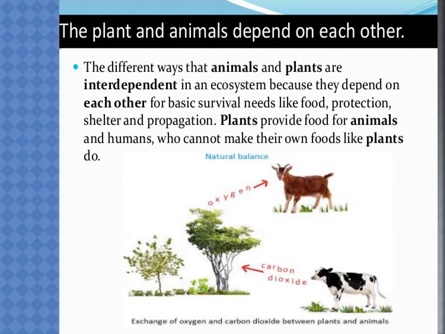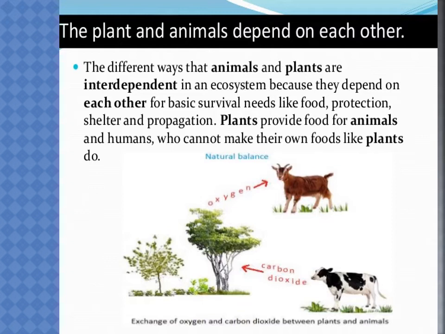So it also depends on the animals. Okay, for dispersal of seeds, the seeds of fruits like apple, guava may get dispersed through fecal matter. Seeds of plants like xanthium may get stuck to the coat of an animal and get dispersed.